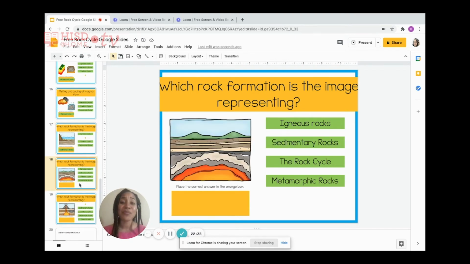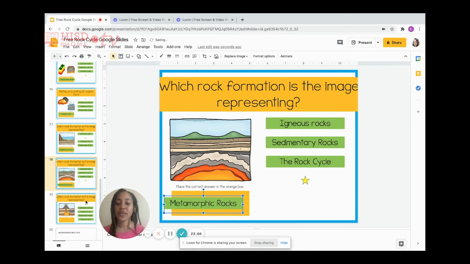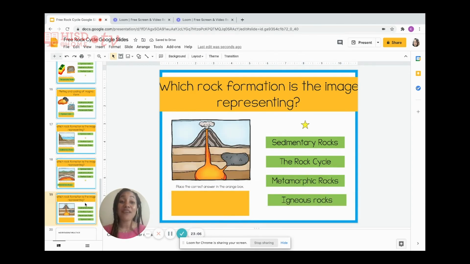Now, what about this one? Which rock formation is the image representing? Right. Underneath the earth there is a lot of heat and a lot of pressure. So, if we're applying heat and pressure to rock, we're going to be able to change it and morph it. So, we know we're discussing metamorphic rock. And last one, which rock formation is this image representing?